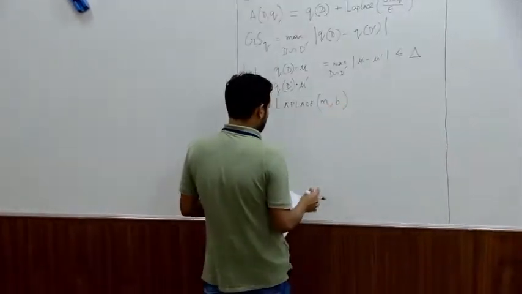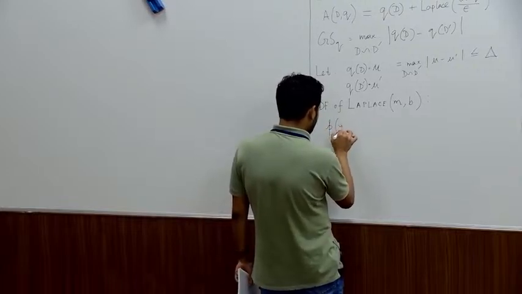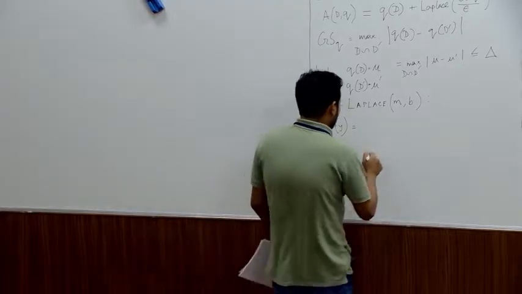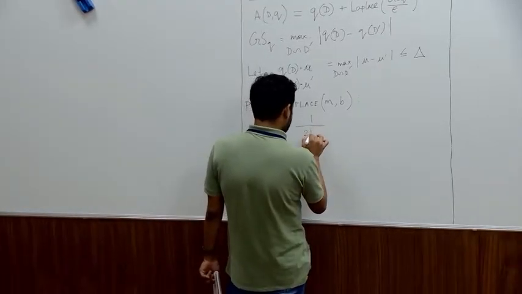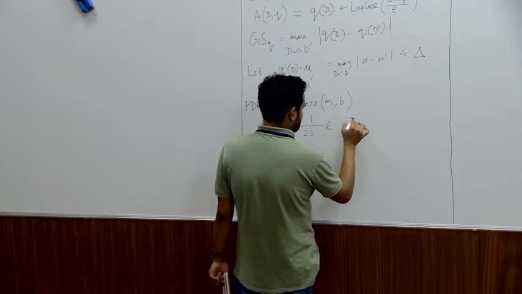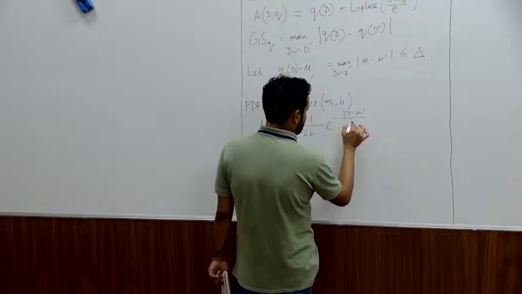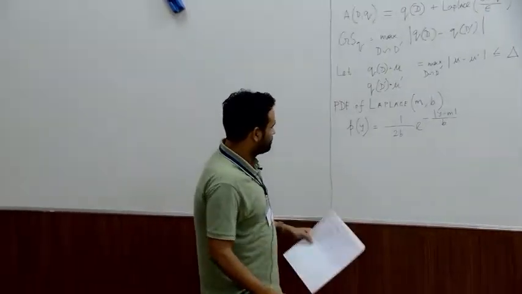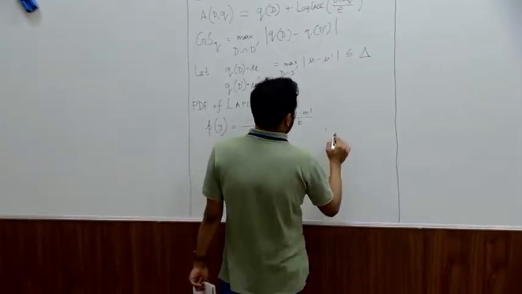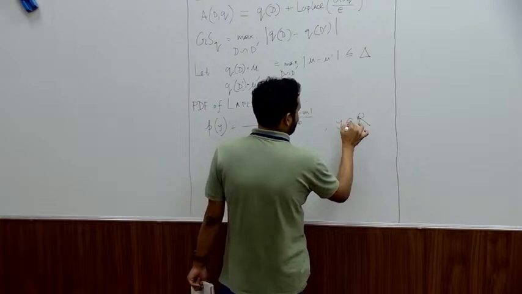Because I already use mu, let's use mean m and scale b. The PDF at a particular value y is 1 by 2b times e to the power minus absolute value of y minus m divided by b, where y is any number on the real line.